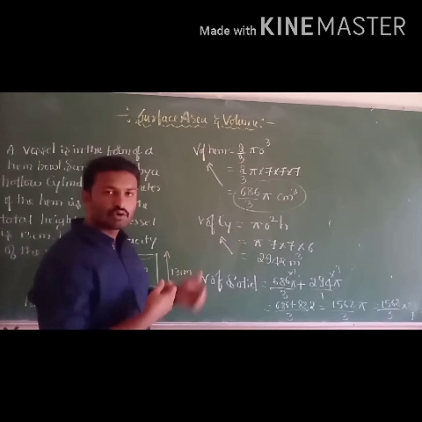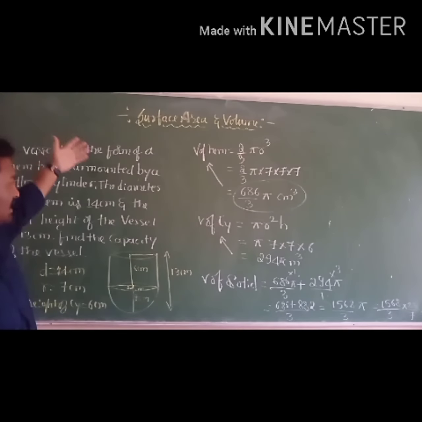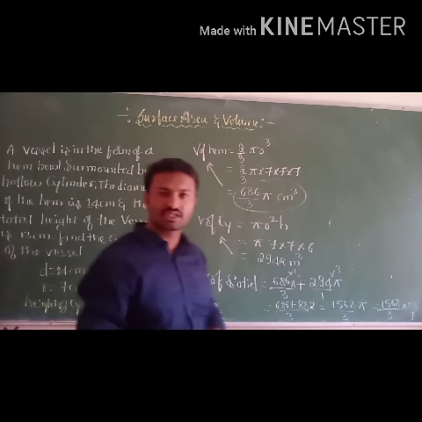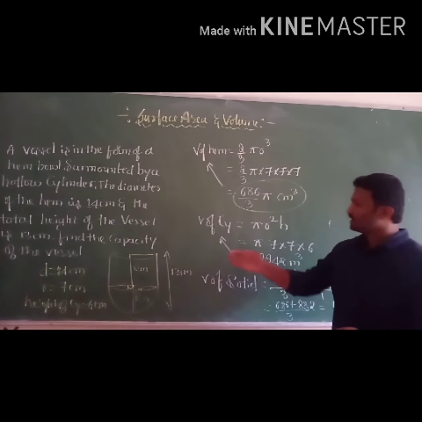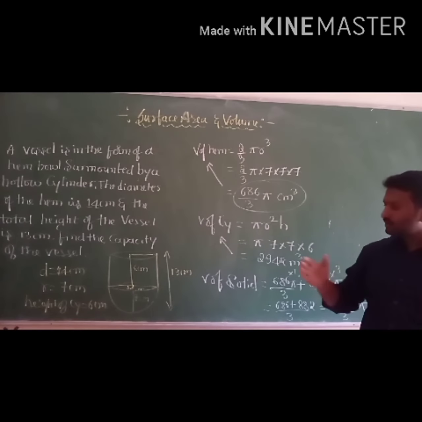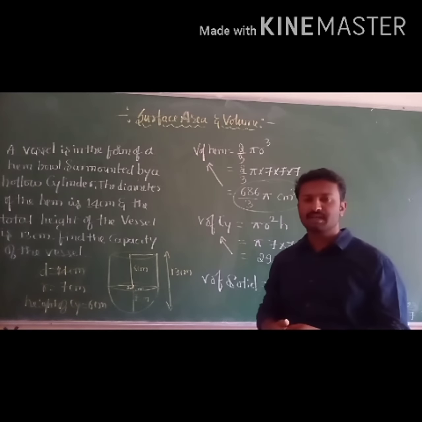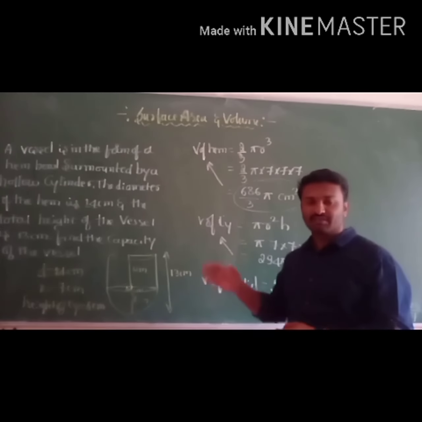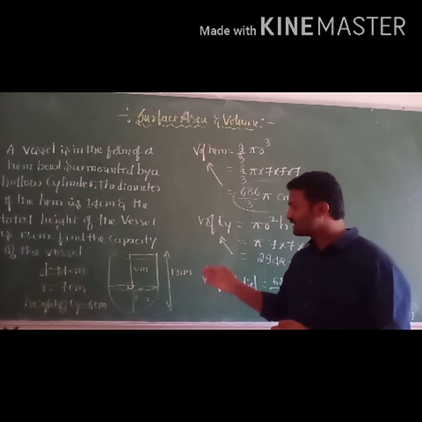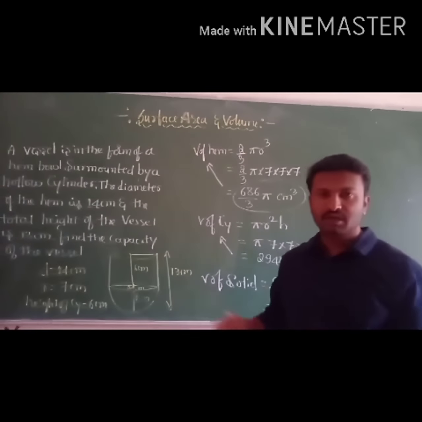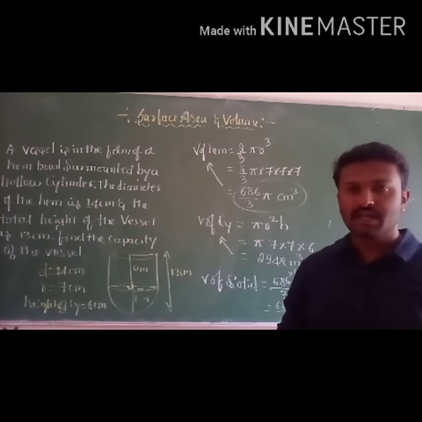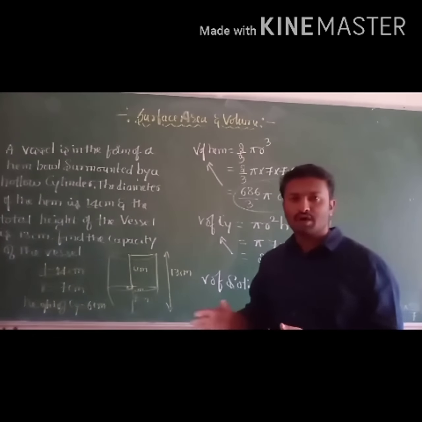Any doubt? Just go through the question. It's a very simple question. What is given: a vessel with a cylinder above a hemisphere, the total height of the vessel is 13 centimeter, and the diameter of the hemisphere is 14 centimeter, so take the radius.